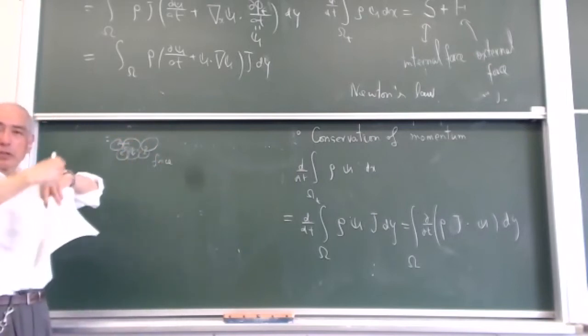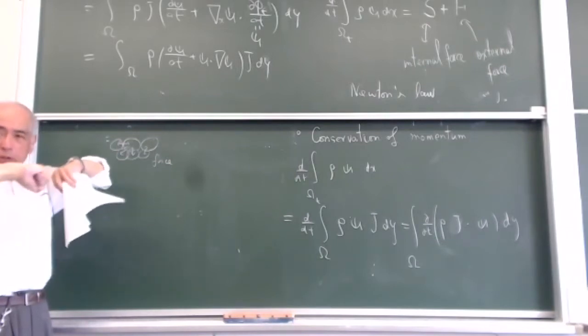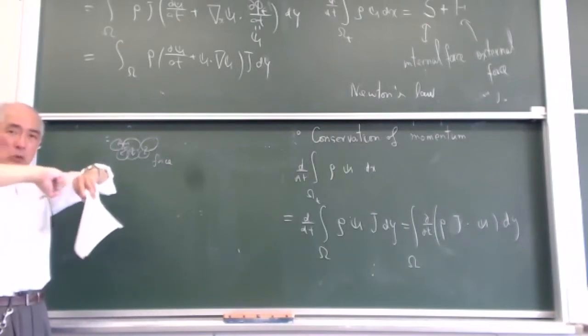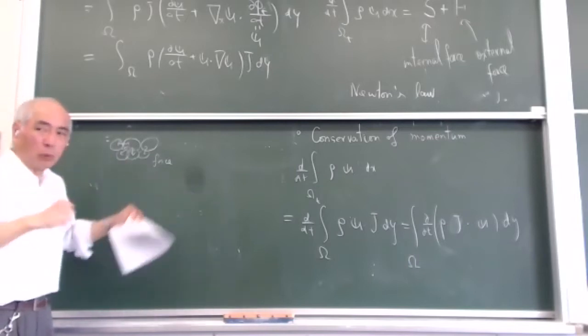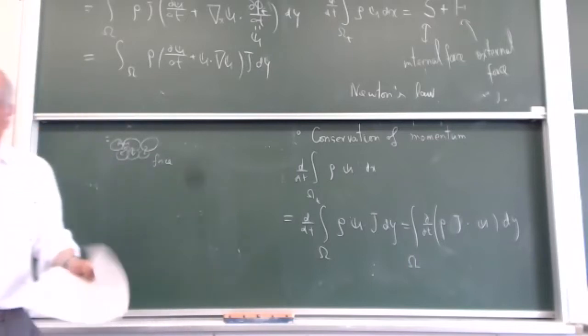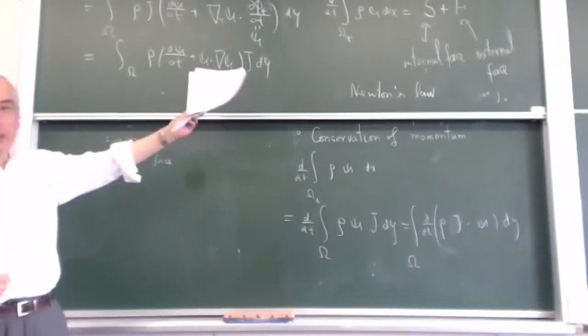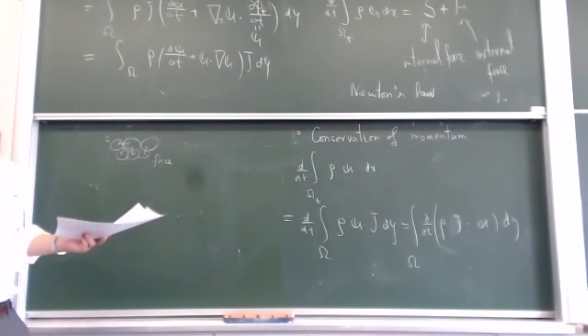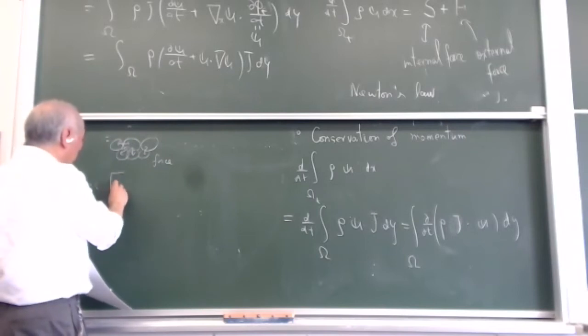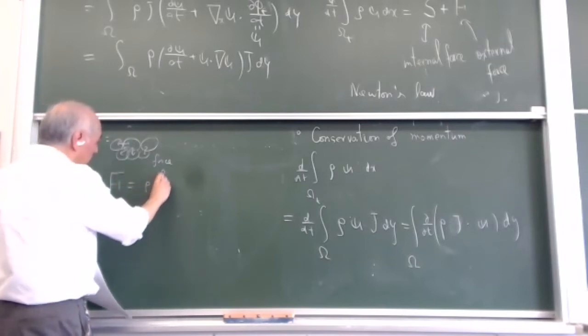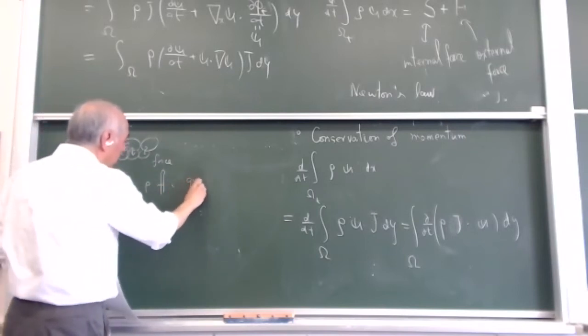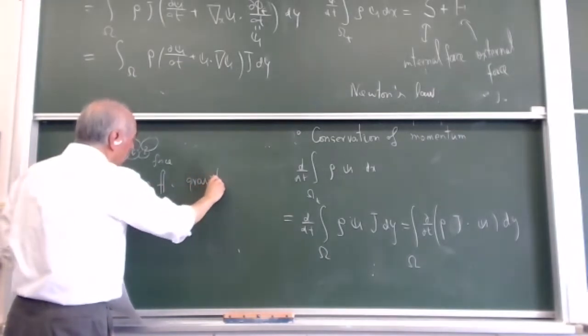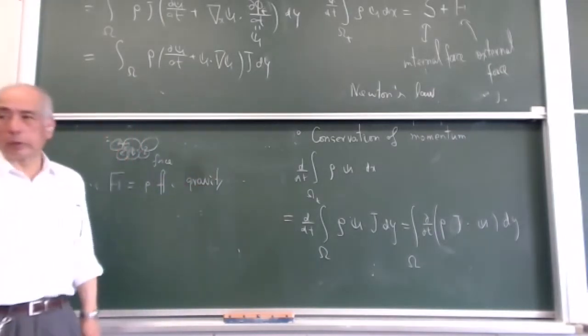Each fluid particle gives pressure. This causes the fluid motion. Euler considered it this way, so S is very simple. And then of course F is just external forces like gravity forces.